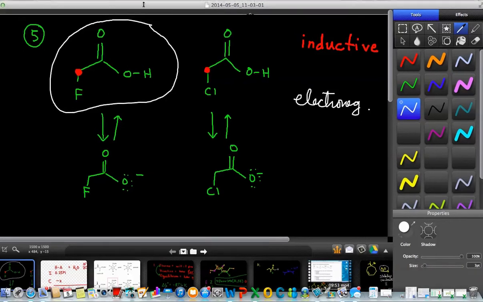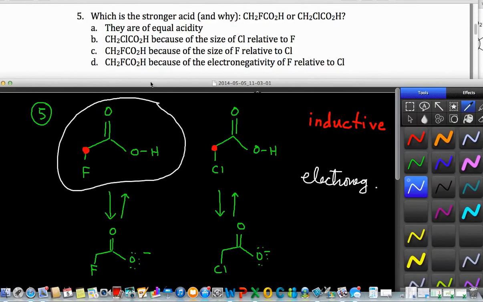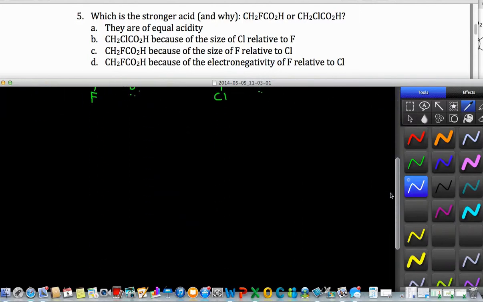So as we look at our answer choices, A is wrong, B is wrong, C has the right acid but for the wrong reason. D is the best answer. So D is the credited response. Moving on to number 6.